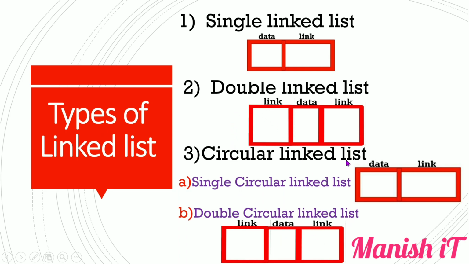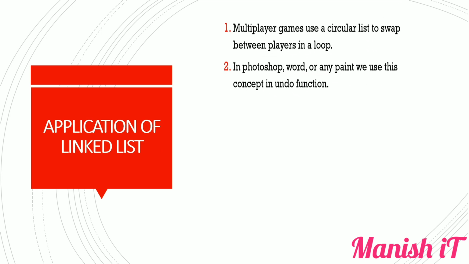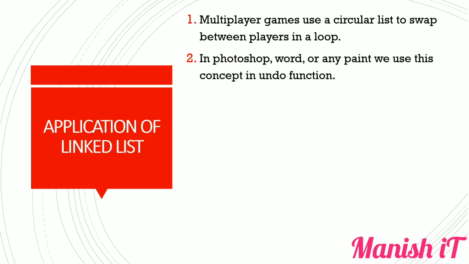What are the applications of linked list? First, multiplayer games use a circular list to swap between players in a loop. In Photoshop, Word, or any paint program, this concept is used in the undo function.